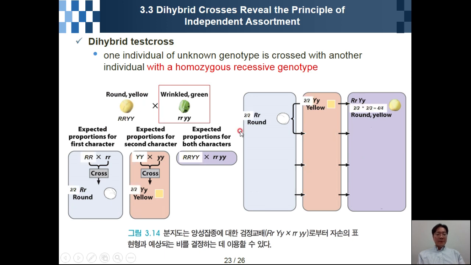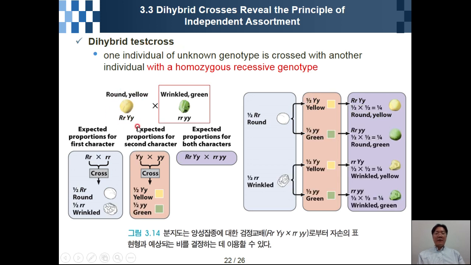Or if all of the phenotype is 1, in this case we can expect that the genotype of the one individual of unknown genotype will be homozygous dominant, large R, large R, large Y, large Y like this. So dihybrid test crosses tell us whether this is homozygous or heterozygous. Okay.